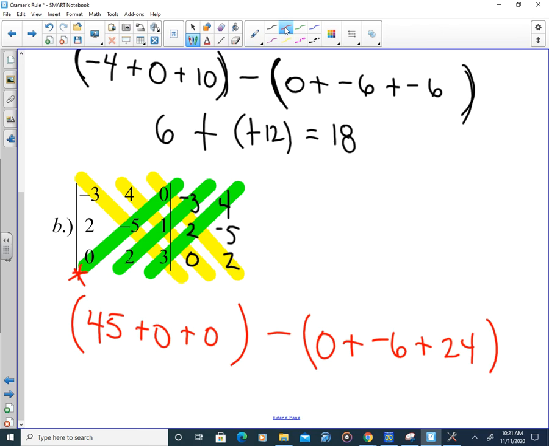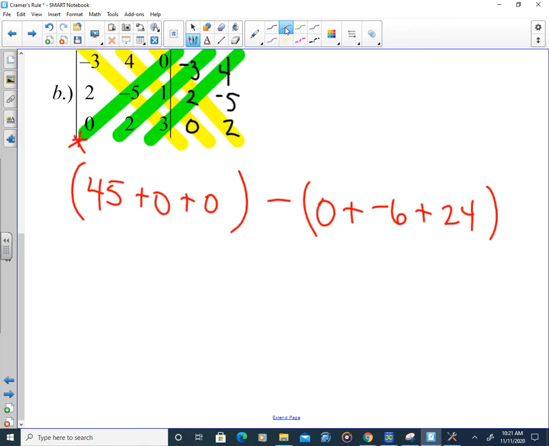So what do we got here? We got 45 minus, what, 18? So 45 minus 18, what is that?